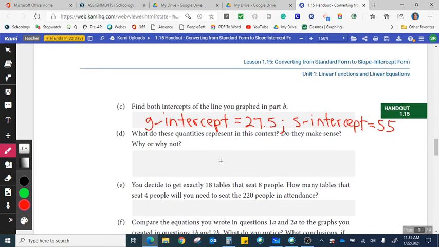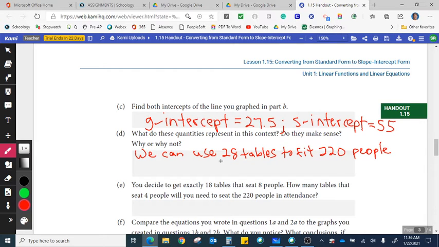And what do these quantities represent in the context? We've got to answer 2 parts. Do they make sense? 27.5 represents, we can use 28 tables to fit 220 people.